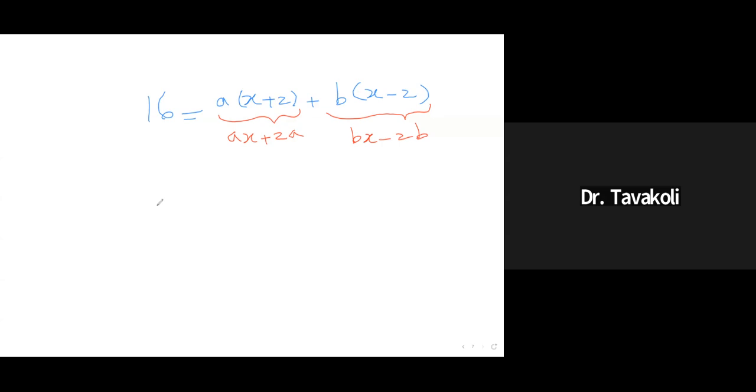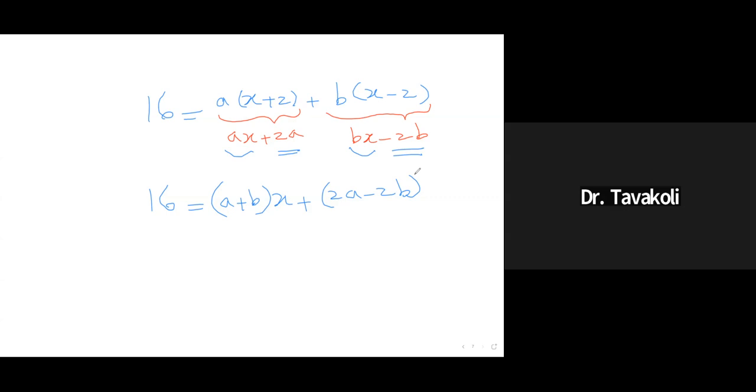So 16 equals, if I want to write the right side in the standard form, ax plus bx is going to be a plus b times x. And then the constant part, 2a minus 2b. So plus 2a minus 2b. Do you remember in the previous example how we dealt with this step?